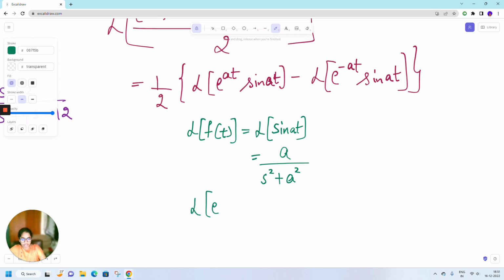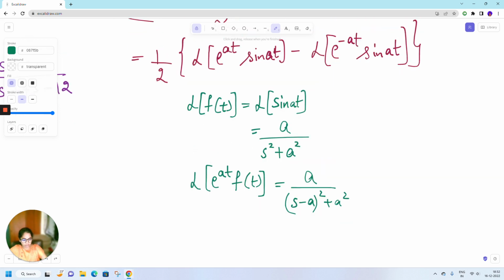Laplace of e power at f of t is equal to, wherever you have s, replace it with s minus a. If I simplify this, I would get a divided by s square minus 2as plus a square plus a square.